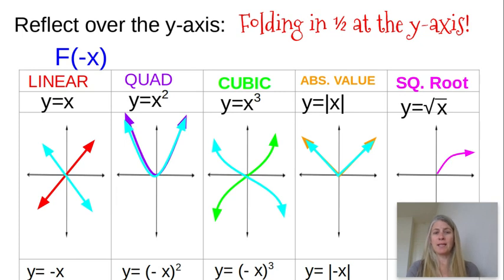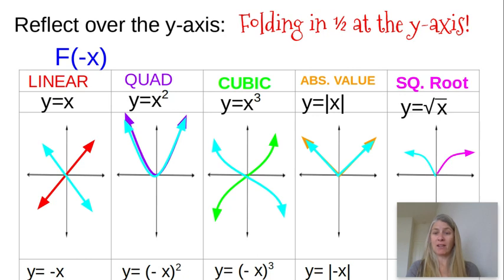Our last one is the only one that looks different than our last type of reflection, because we're crossing over. Now that negative is on the inside, so we're going to be dealing with those negative numbers. Only those positive numbers will become negative, which is why there's going to be nothing in the positive side, because those would not be solvable. If I had the square root of 4, I can't have the square root of negative 4 on a graph.